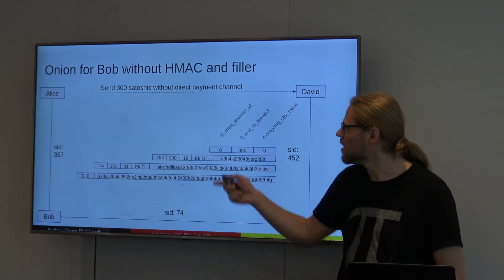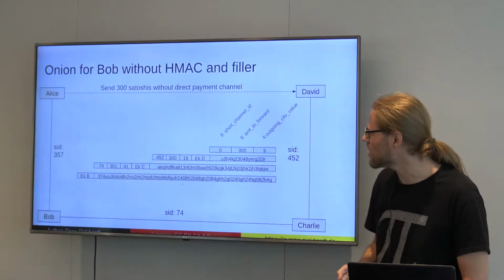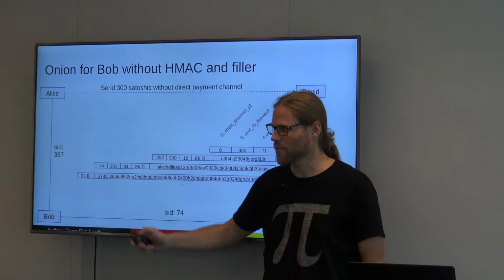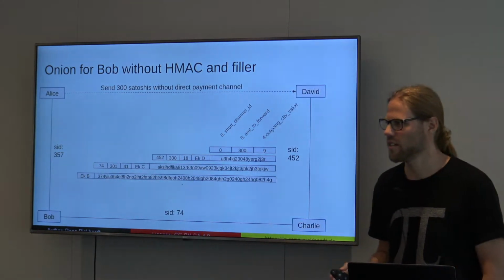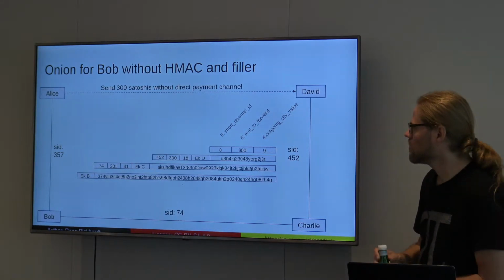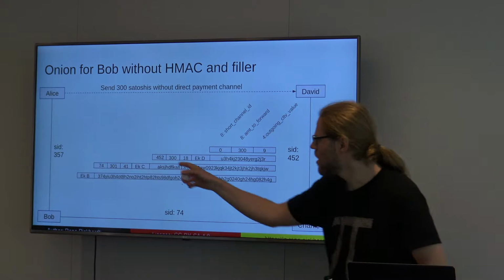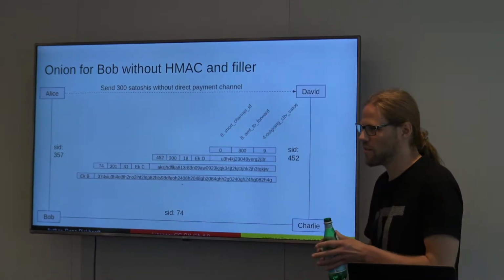And then, of course, Alice has to set up an HTLC to Bob, but this is not part of the onion. The CLTV values 41, 18, and 9, as we mentioned, have to be decreasing along the path.